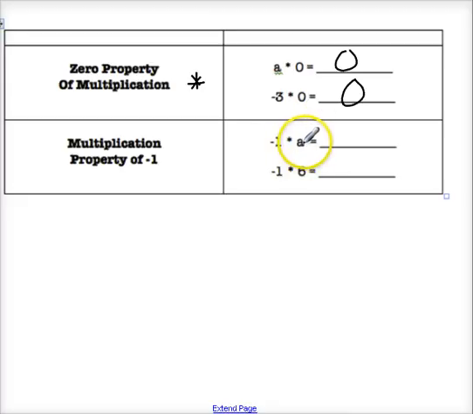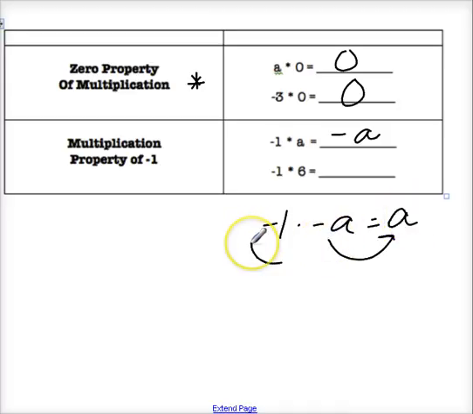So a is positive. If I multiply it by negative 1, I get negative a. If I was multiplying negative 1 by a negative a, the sign switches and I now have a positive a. So multiplying by a negative 1 changes the sign of the number you start with.